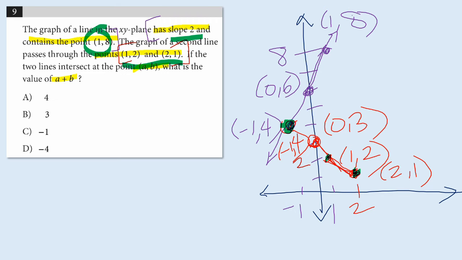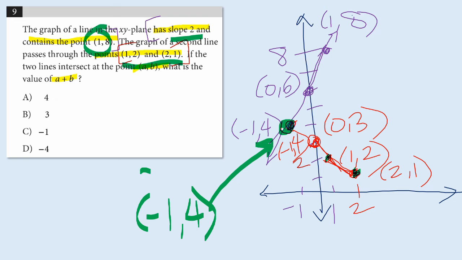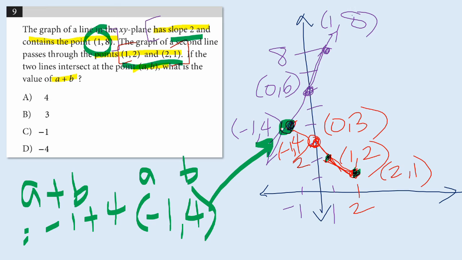So this is where the two lines are intersecting at the point (-1, 4). So a is -1 and b is 4. So a plus b is going to be -1 plus 4, which equals 3. And what do you know? That means that B is the answer.